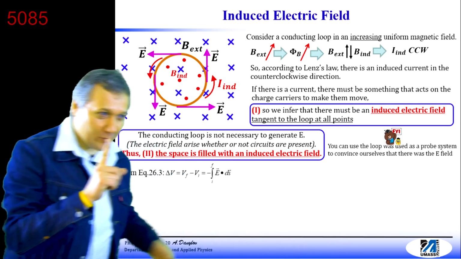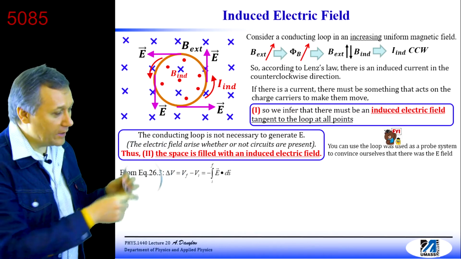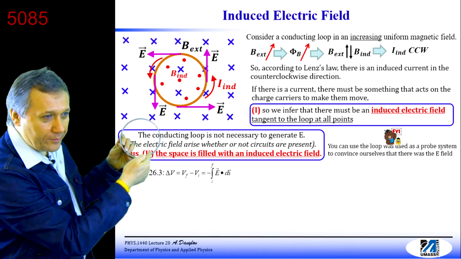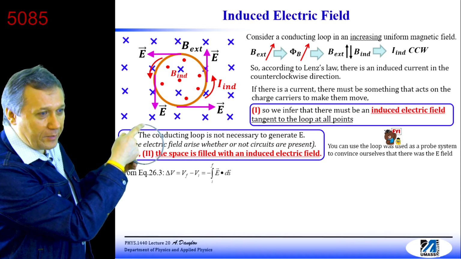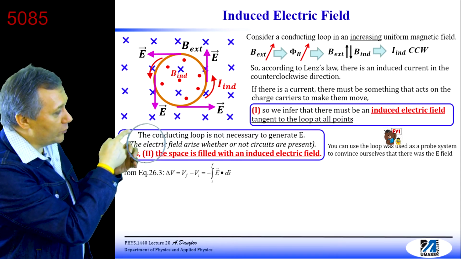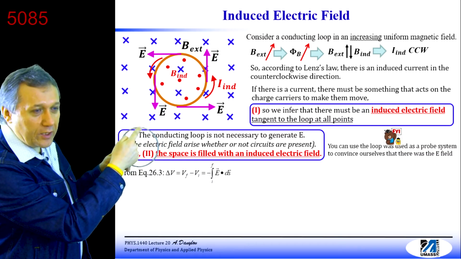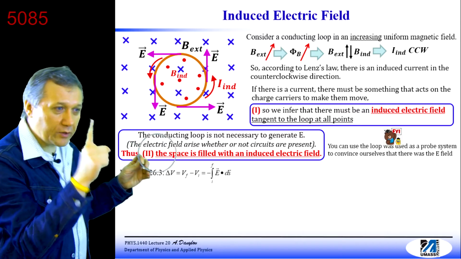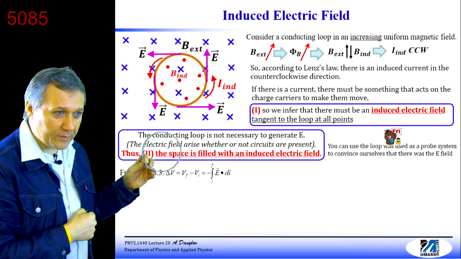And again, you remember, we are trying to replace EMF. EMF is produced where? In the closed loop. So if I start counting potential differences, EMF, from this point, I have to move around the whole loop, and I need to get back to exactly the same point in order to get our EMF, because you remember EMF is produced in the closed loop.